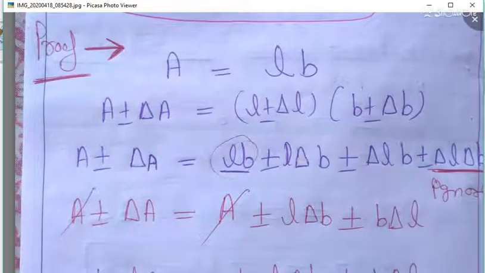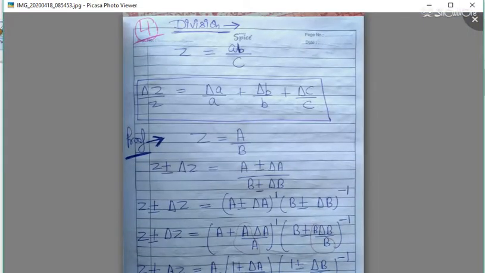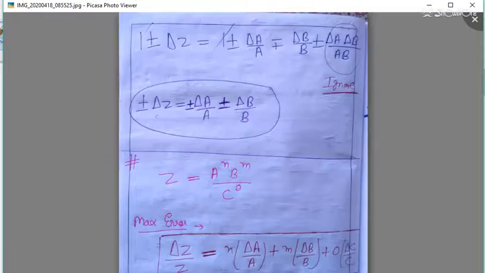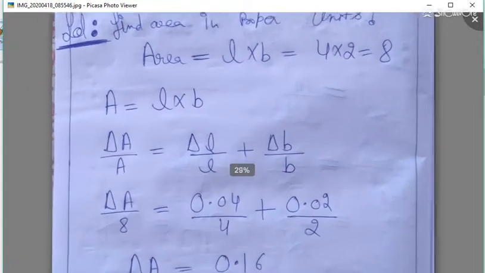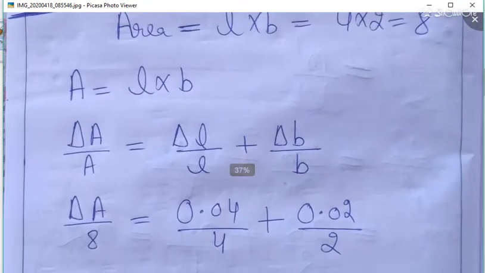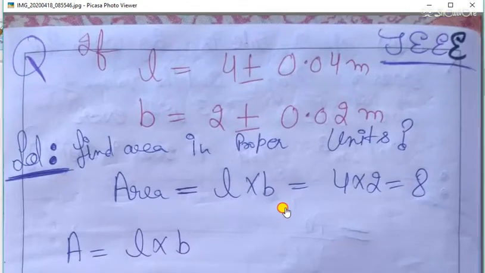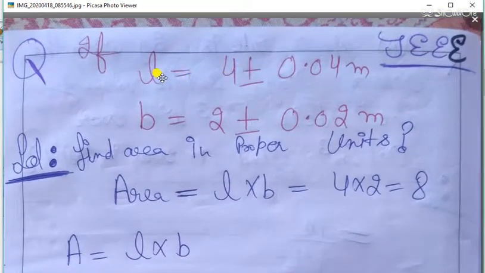Now I am taking one question on this. We will discuss division also in this video. So now I am taking one question. This question is based on the relation of simple multiplication, the example of a rectangle. If L is equal to 4 plus minus 0.04 meters and B is equal to 2 plus minus 0.02 meter, find area in proper units.